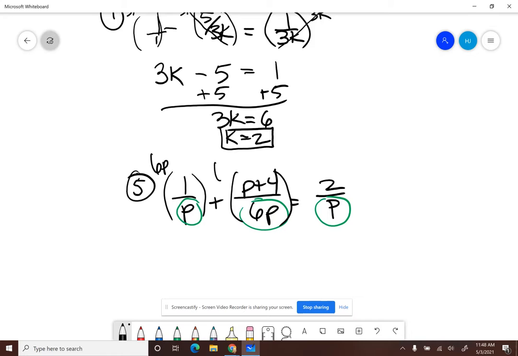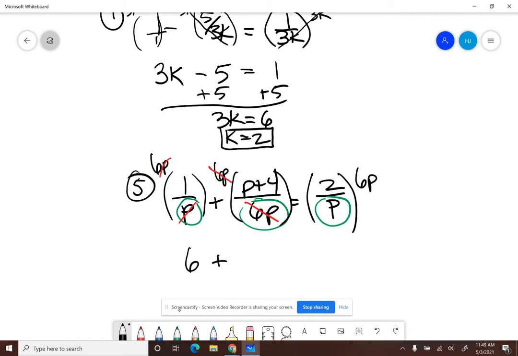Okay. Now let's just take a look at what happens here. So multiplying everything by 6p. Notice what's going to happen here. My p here and my p here are going to go away, but I'm going to be left with this 6. So 6 times 1 is going to give me 6. Okay, up here on this section, 6p and 6p are going to go away.